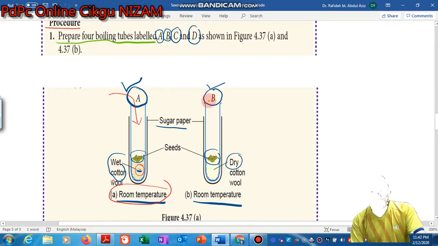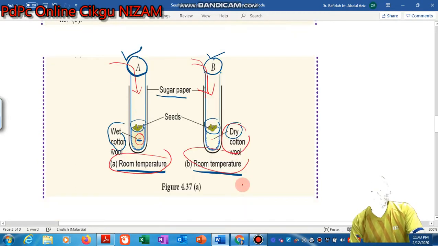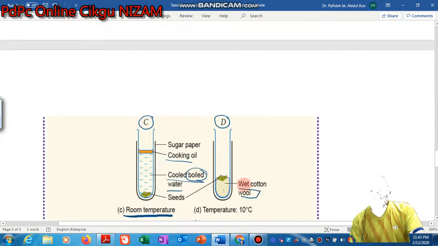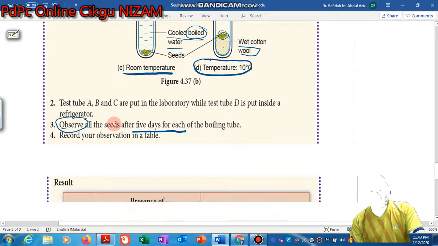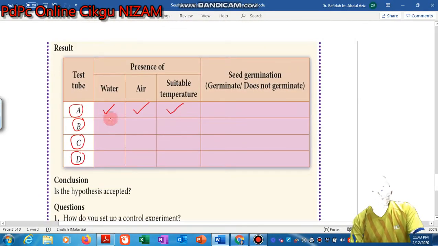So in boiling tube B, we have air, but we don't have water because we are using dry cotton wool, and we put it in room temperature. So we put here, we don't have water, we have air and suitable temperature.